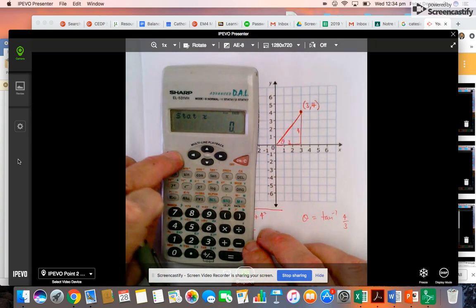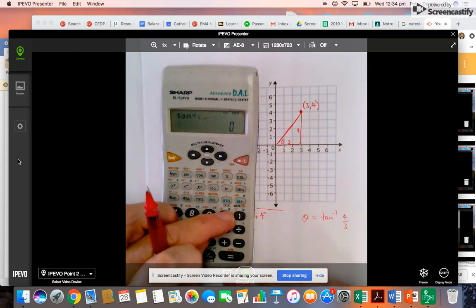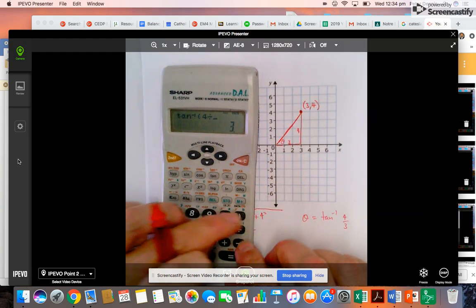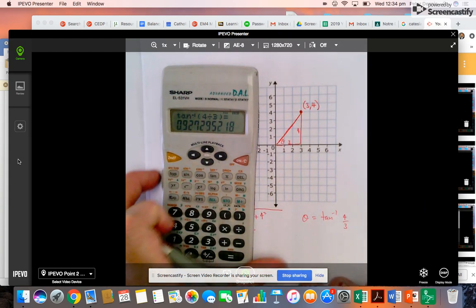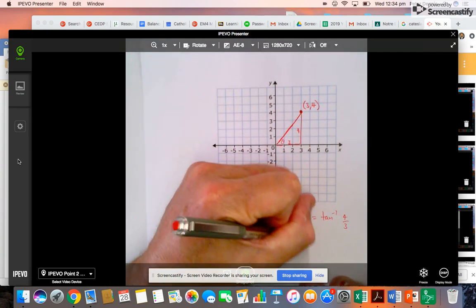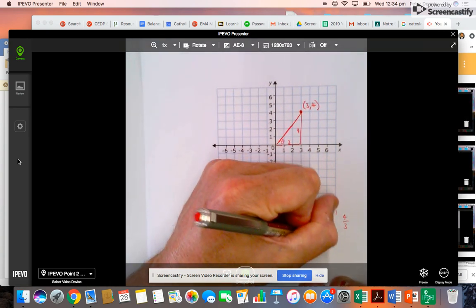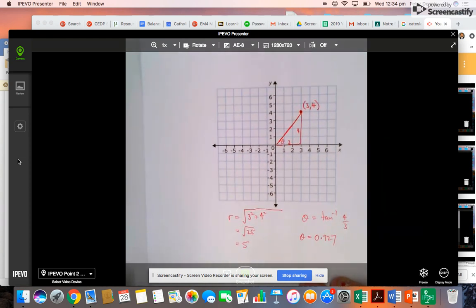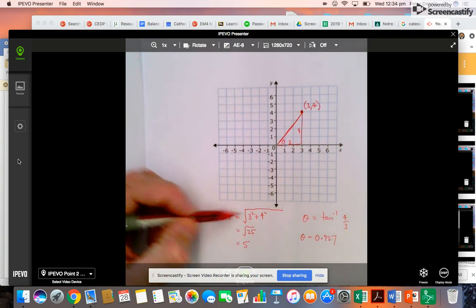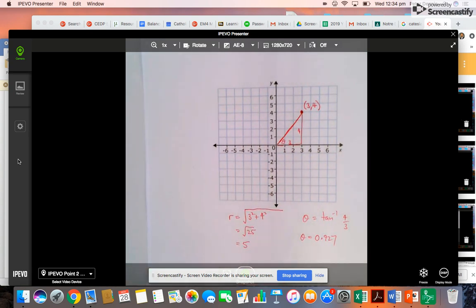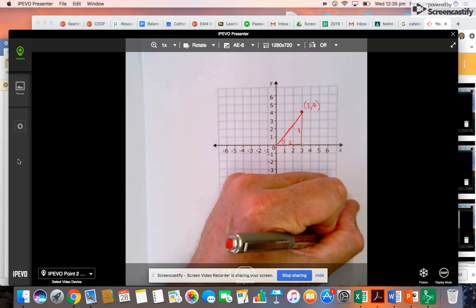Tan to the minus 1, so it's shift tan, and it's 4/3. And that is 0.927. So theta in this case is 0.927. Okay, there are a few more things that we have to think about, but in this case, r equals 5 and theta equals 0.927, and that's in radians.